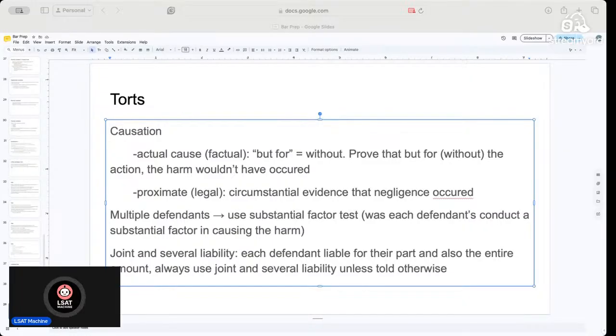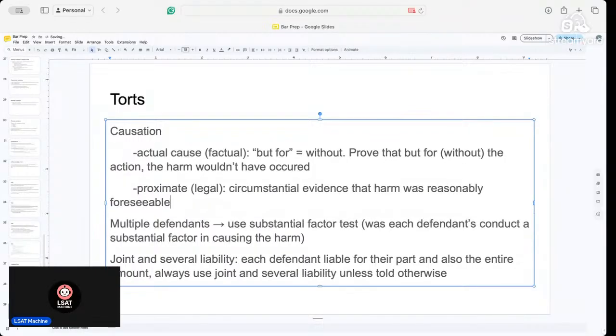All right. So proximate cause is when you are liable for reasonably foreseeable harm.